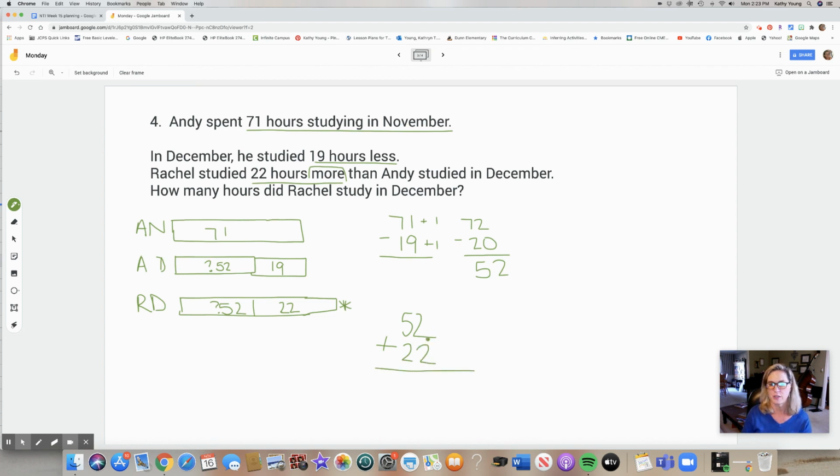And I can just do this one. It doesn't even need regrouping. 2 plus 2 is 4, and 5 plus 2 is 7. So my answer statement will be Rachel studied 74 hours in December.